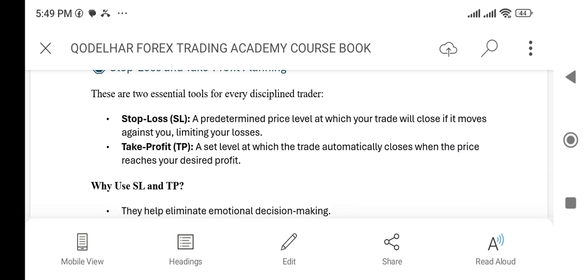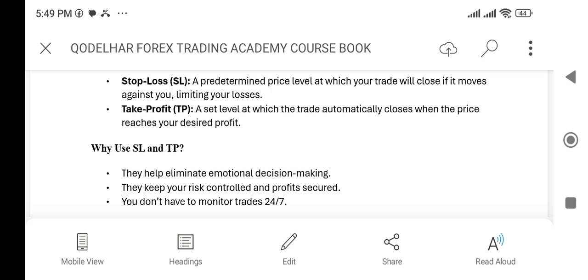So you must set that particular price at which the market should close if it goes against me. So that is stop loss. Then take profit, TP, is a set level at which the trade automatically closes when the price reaches your desired profit.